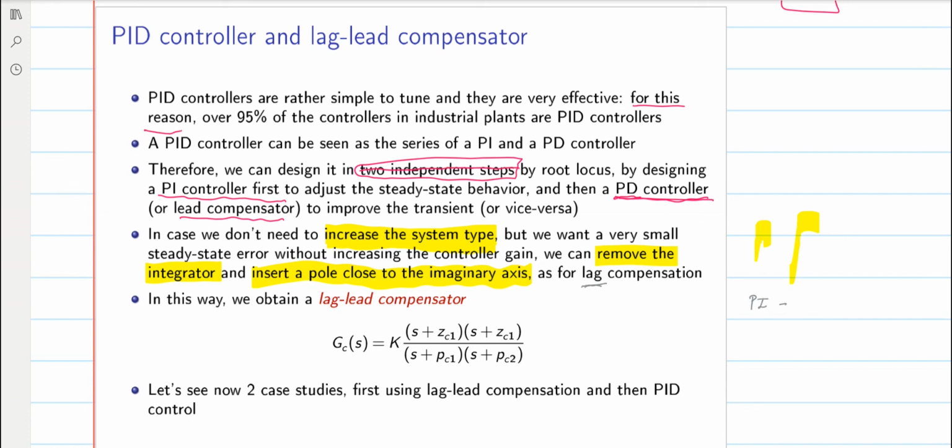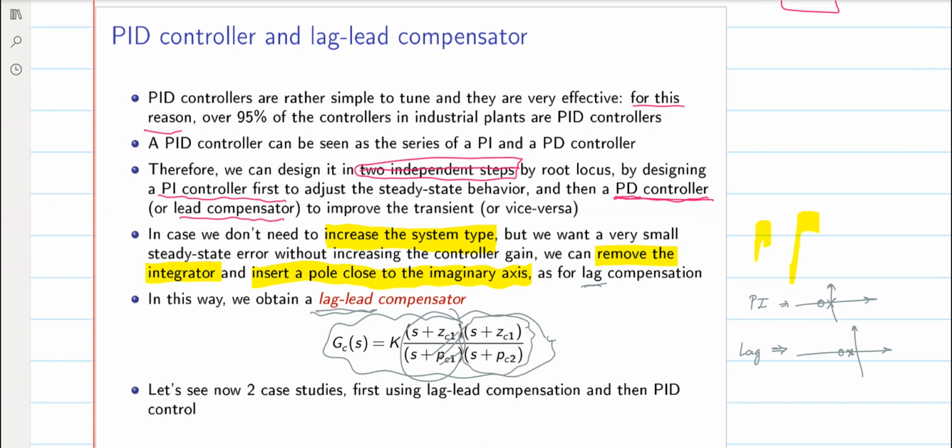So with the PI, we had a pole right at the origin and the zero nearby, and then with the lag we were moving that pole on the real axis towards the negative values, and the zero would be close to that as well. In that case we would have the lag compensator, and the practical PID that we had will have this kind of transfer function, which will be referred to as the Lag-Lead compensator, because it's composed of two parts. The first part you can think of as the lag compensator, and the second one would be the lead.